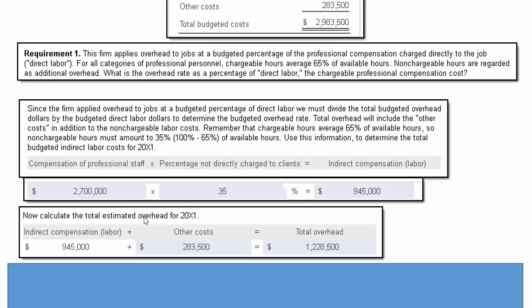Okay, now I've slid the image on the screen so that you can see the next step. It says, now calculate the estimated overhead. Well, we're going to take the $945,000 that we just calculated as the indirect compensation. We're going to add in the $283,500 of indirect cost, which was given in the original information in the problem, and that comes up to total overhead of $1,228,500.